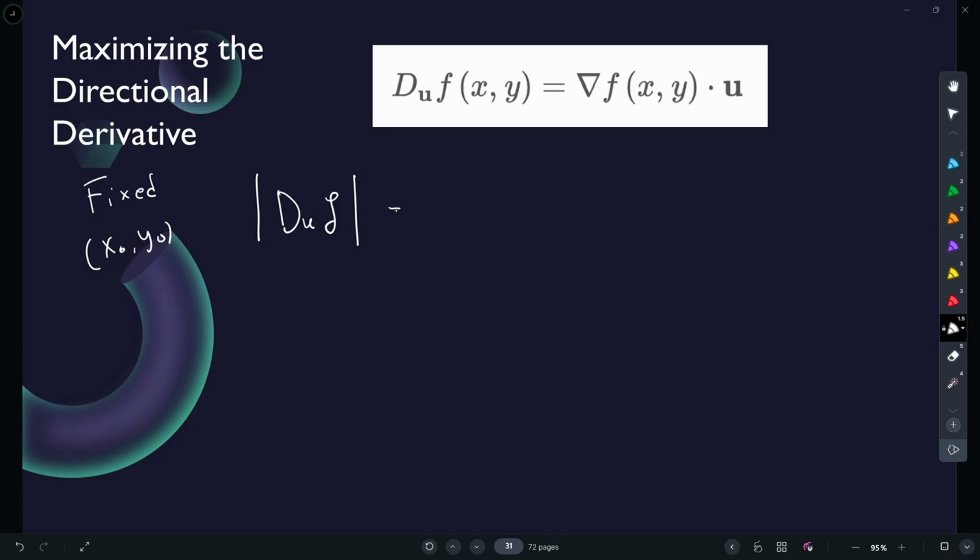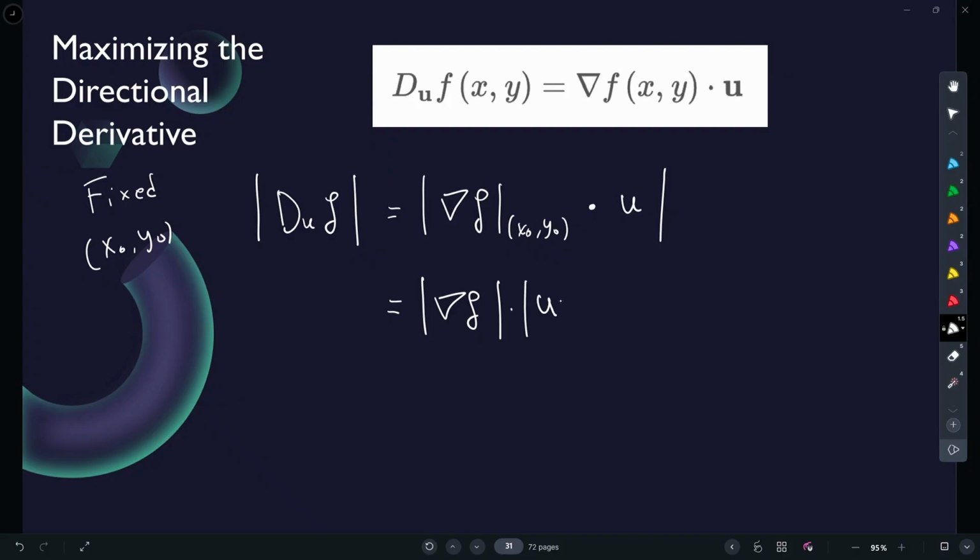But that value is given by a dot product evaluated at the point, dot with this directional vector. And we have a formula for the value of a dot product: the product of the lengths of the vectors times the cosine of the angle between them.